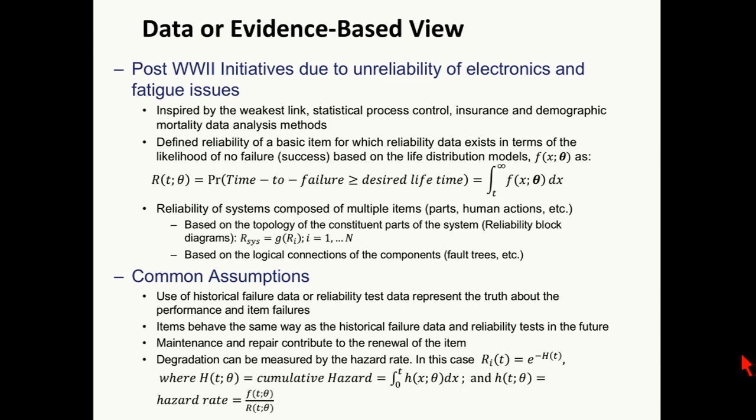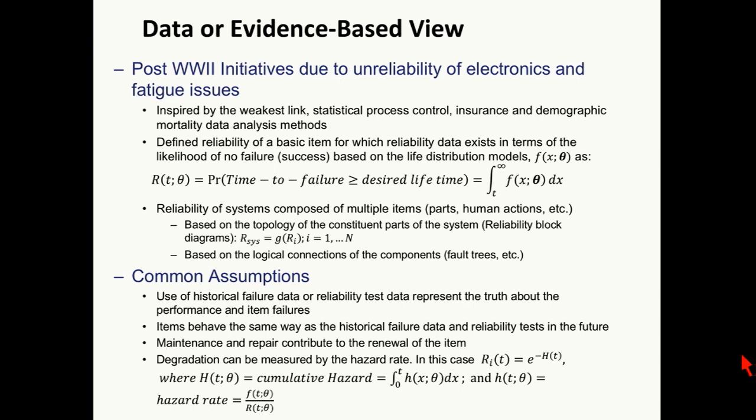Typically, the basic assumptions that we make in reliability engineering involve some fundamental and very important aspects in these data-driven methods. One is that, first of all, historical data are the truth about the failure, and that they would repeat themselves into the future. That is, whatever we saw in the past would repeat in the future.